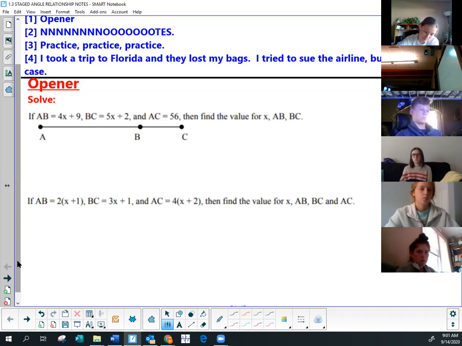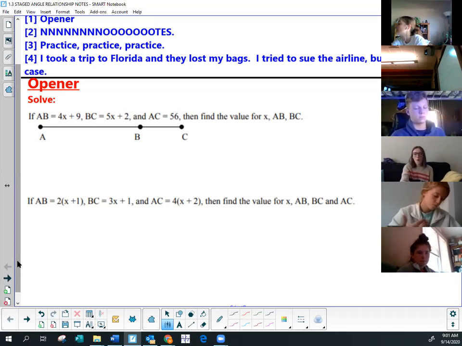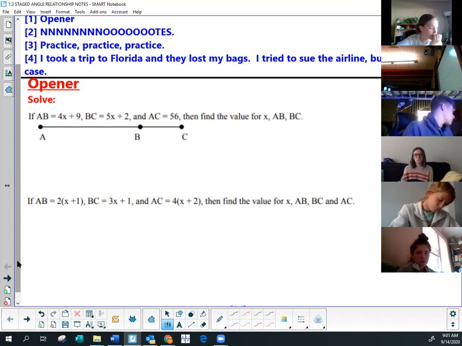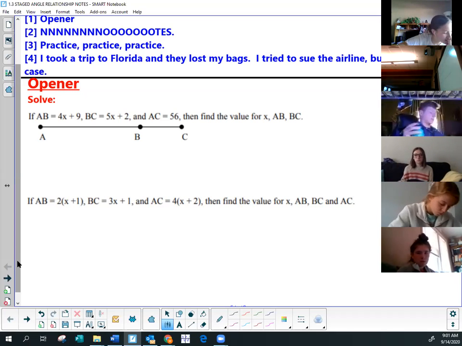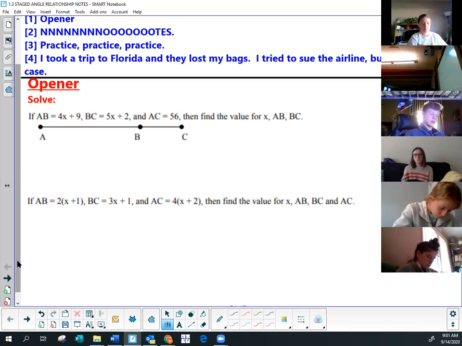So first of all, what is the actual geometric idea that applies to question 1? I can't see the chat from here, so you're going to have to call it out. Oh man, we're going to have an awkward silence.